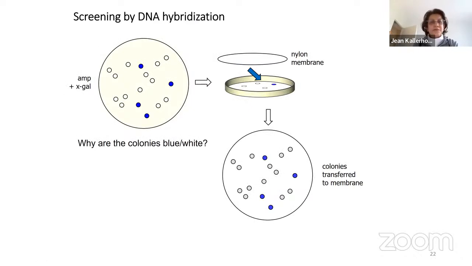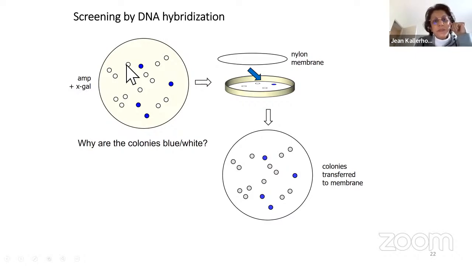Okay, we still have 10 minutes, so I can finish this lecture. So now we will see how we screen colonies using DNA hybridization, and this is where we will need the labeled probes. After bacterial transformation, you have colonies growing on ampicillin on a medium containing the X-gal.